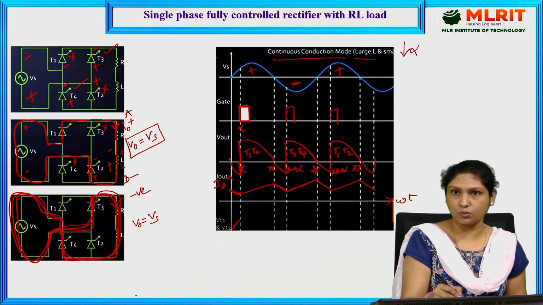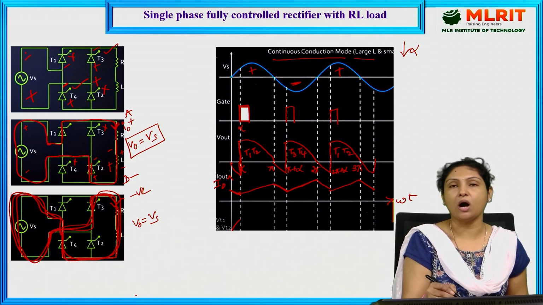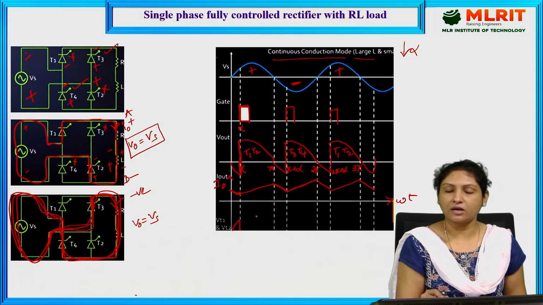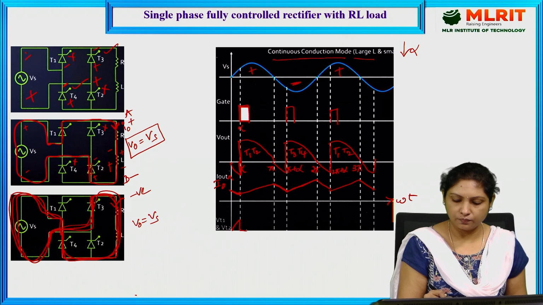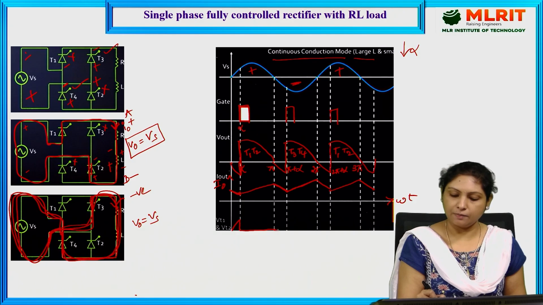Because here thyristor 1 and 2 are off, and the moment we provide the triggering pulse, since thyristor 1 and 2 are on, at that instant the on-state voltage drop of these particular thyristors will be almost 0, and it is still conducting further after pi till pi plus alpha.